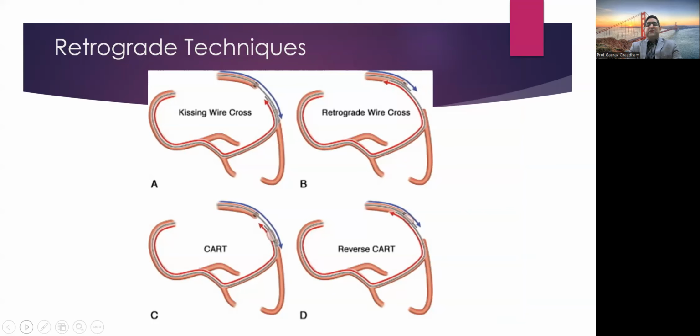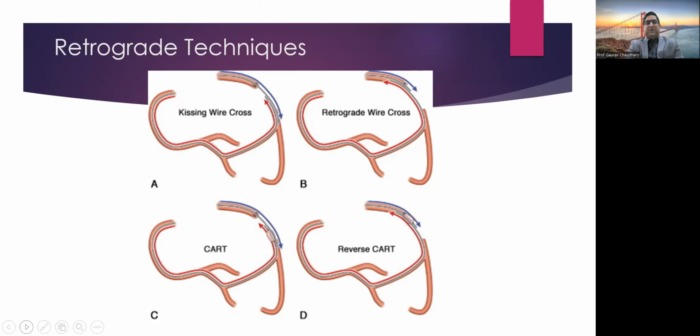So knuckle CART is done in the calcified CTO. The most commonly done is shown in D, that is reverse CART, in which a balloon is dilated over the antegrade wire and the retrograde wire is negotiated, keeping that balloon as a marker. The dissection space created by the balloon will help the wire to come from lumen to subintima to lumen.